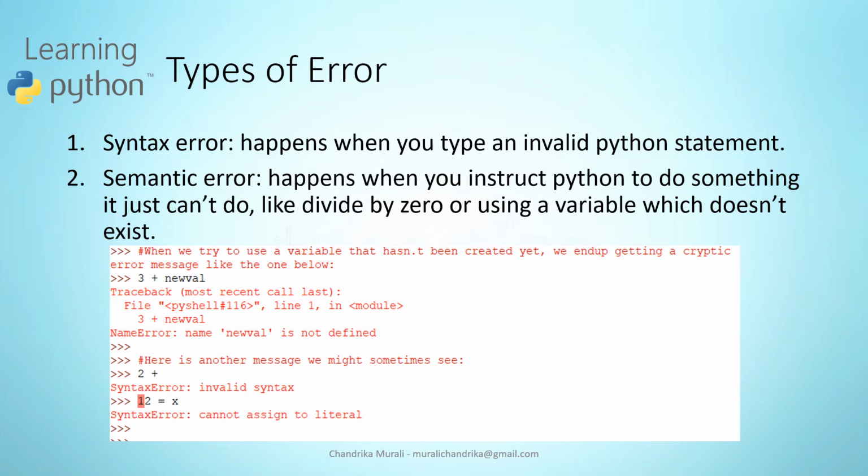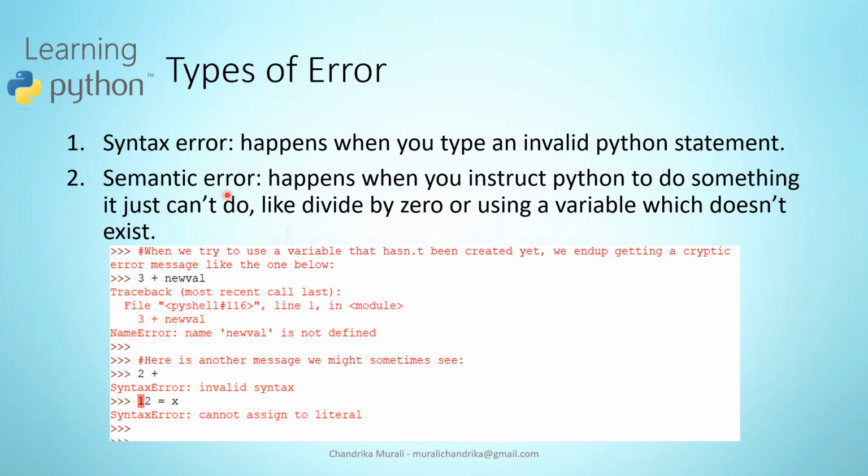Then the different types of error we usually come across in Python statements are of two types: syntax error and semantic error. Syntax error means when you are writing a Python statement wrongly, that is, not according to the language rules, it will throw a syntax error.